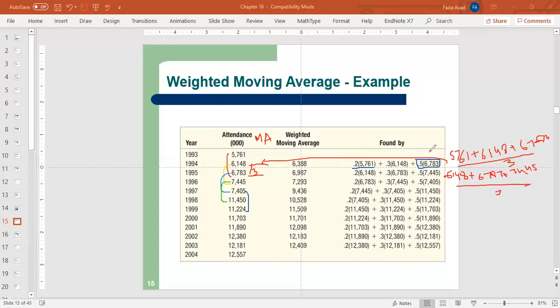The highest weight will be multiplied with the most recent year's value. So we will multiply with these weights, and then we will add up the values, and we will get the answers for the weighted moving average.